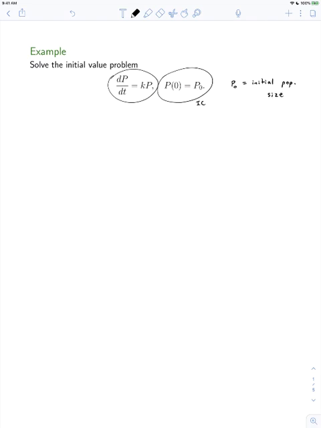What we really want to do is solve the differential equation, but notice that it is separable. dP/dt is equal to k times P. P is a function of P, naturally, so this could be our g(P), and k is a constant, but you can think of that as our function of t.